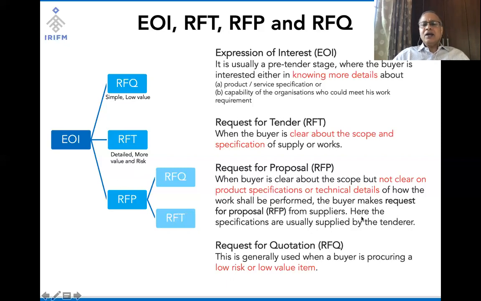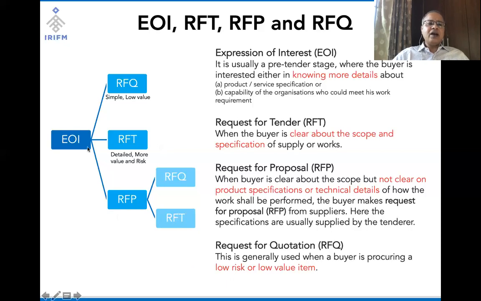RFP is called for in situations where the product specification and technical details are not available. Once these are available, once I have solicited RFP and evaluated RFP, then it gravitates either to RFT, which is request for tender stage, or RFQ, which is request for quotation stage, right?